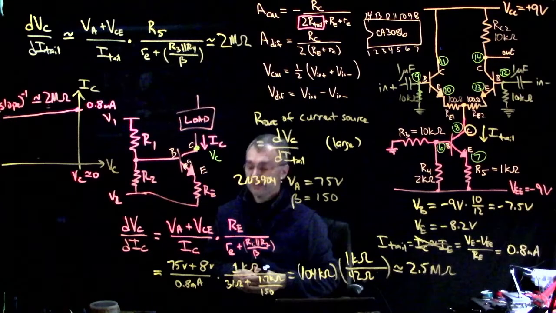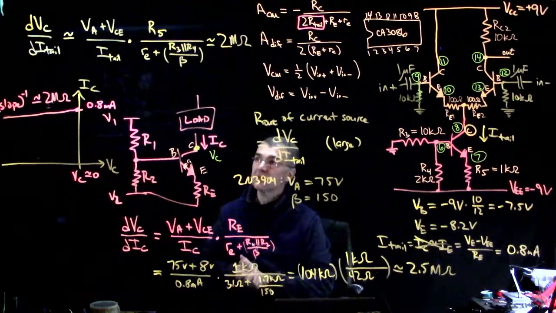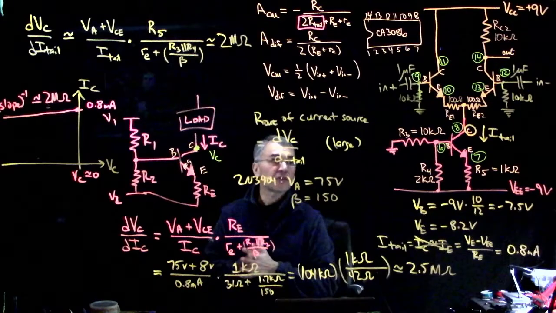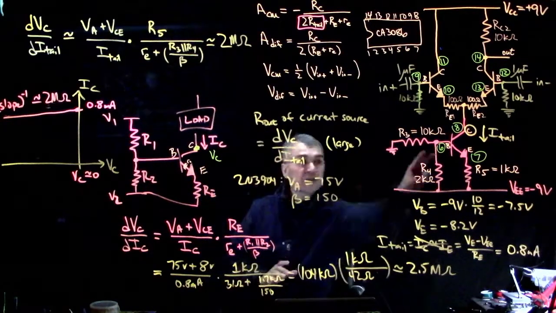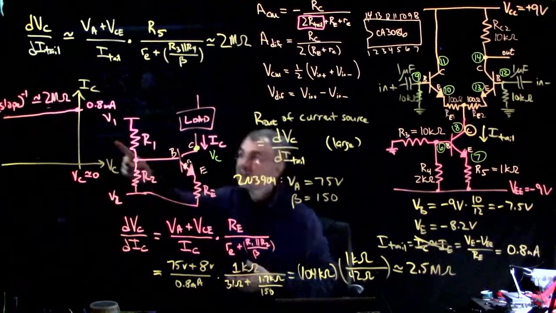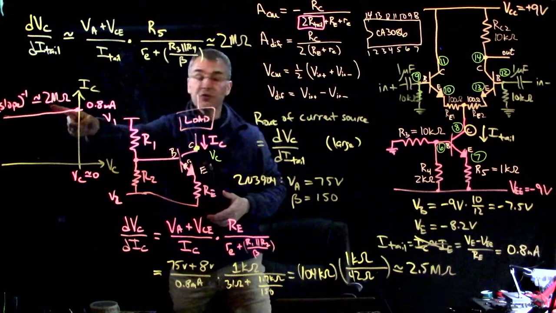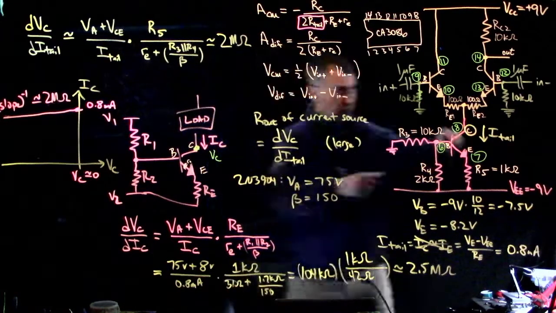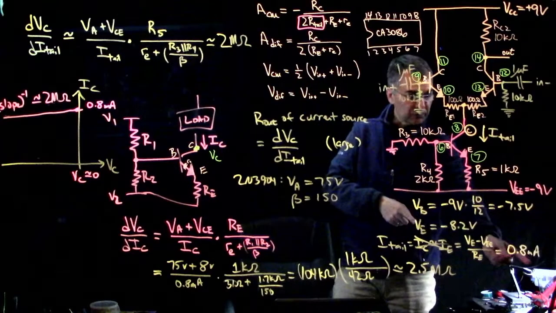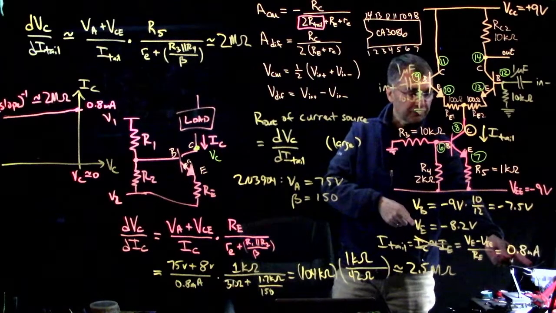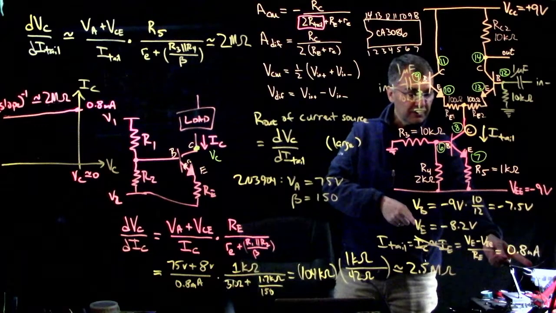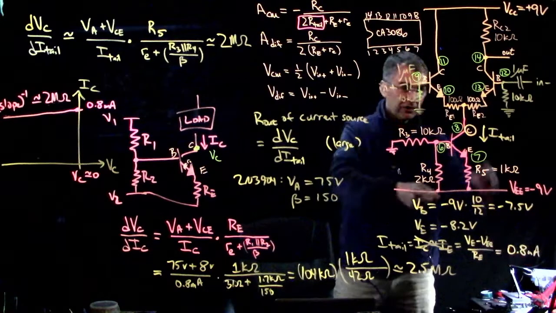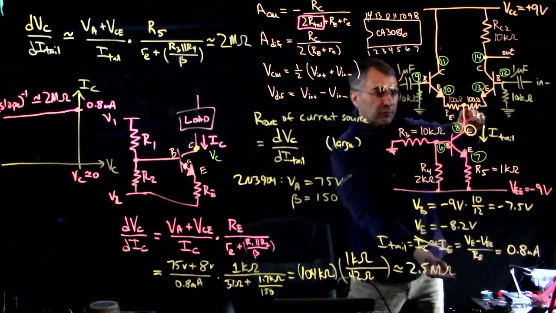So the cool thing about using a current source instead of a resistor: if you wanted to do this with a single resistor, and suppose you want a 2 mega ohm resistor with approximately 1 milliamp flowing through it, then I times R is like 2,000 volts. So you would have to go from 0 volts down to minus 2,000 volts.